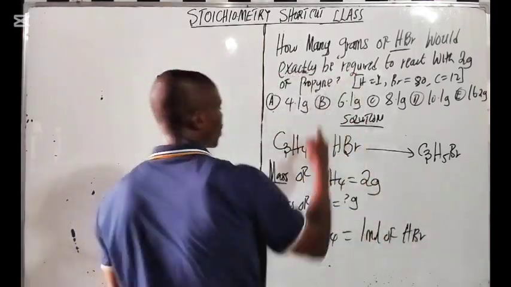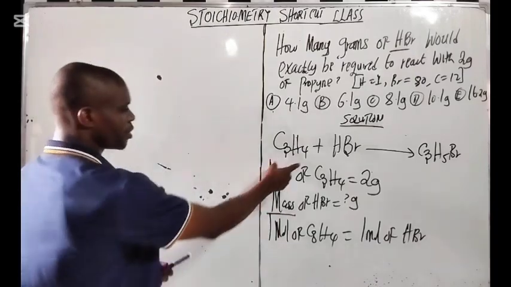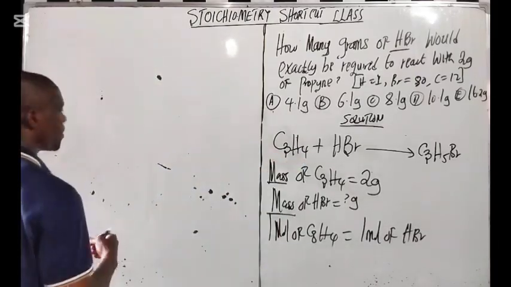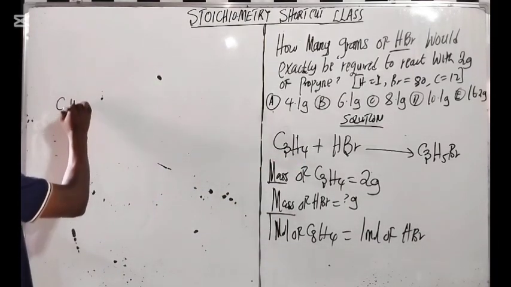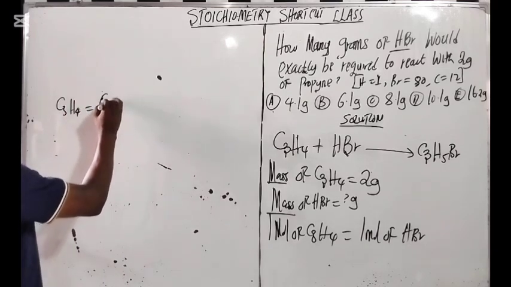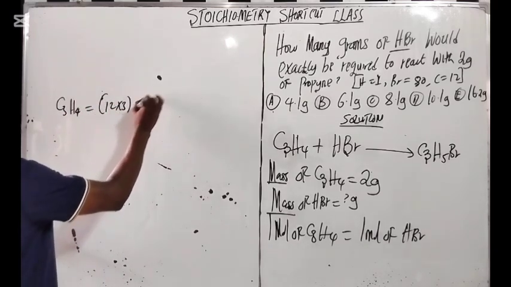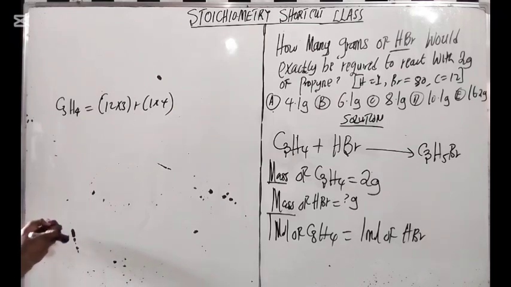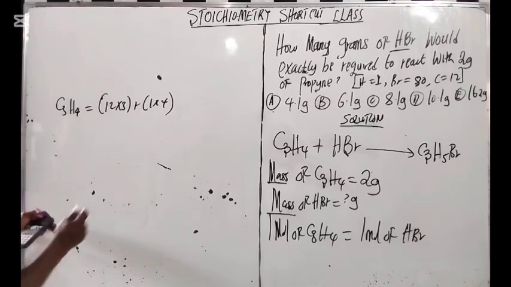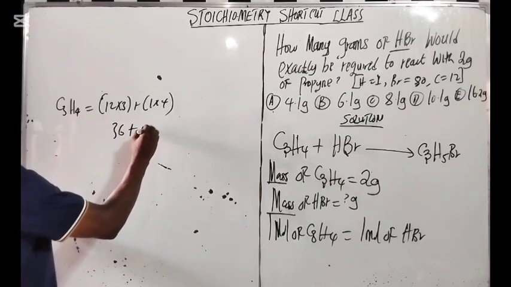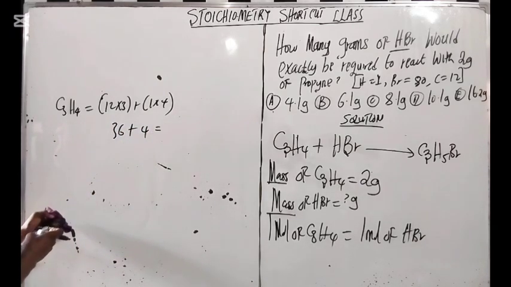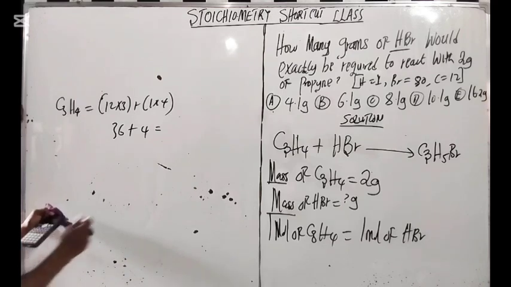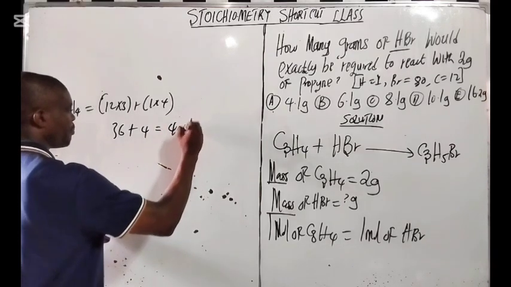Now let's get the molar mass of this compound. The molar mass of C3H4 is 12 times 3 plus 1 times 4. 12 times 3 is 36, plus 4, here we have 40 gram per mole.